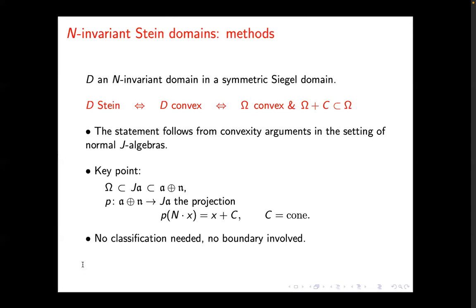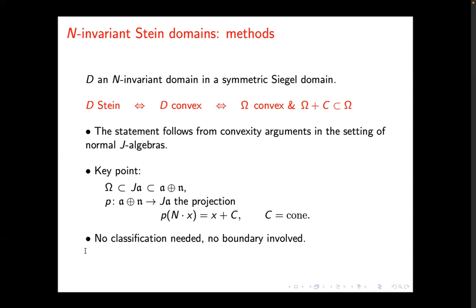This normal J algebra is just the Lie algebra of the real split solvable group A plus N. But of course, since the group acts simply transitively on the domain, this algebra inherits some properties from the domain.